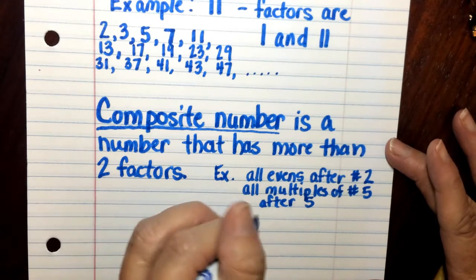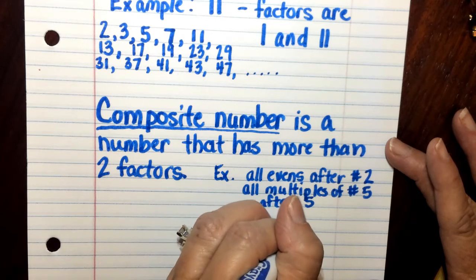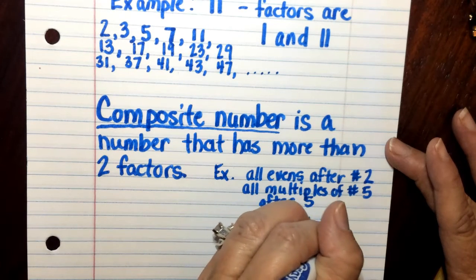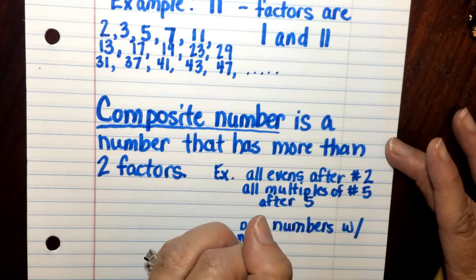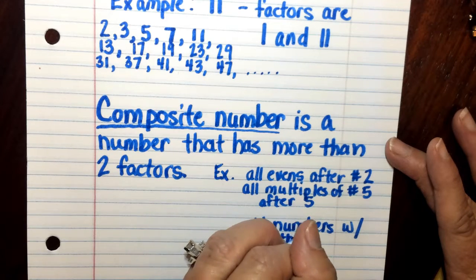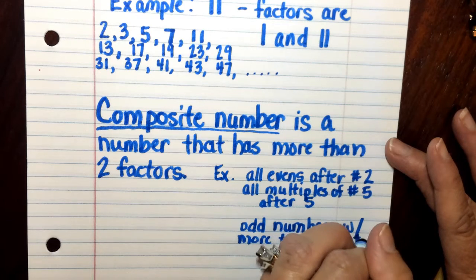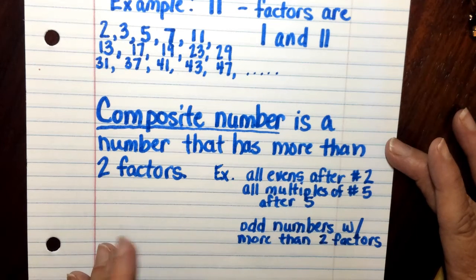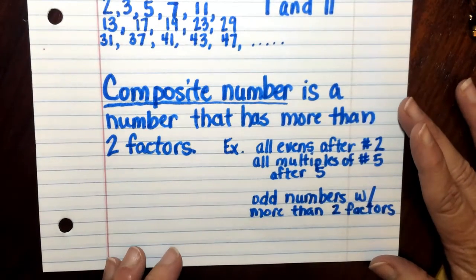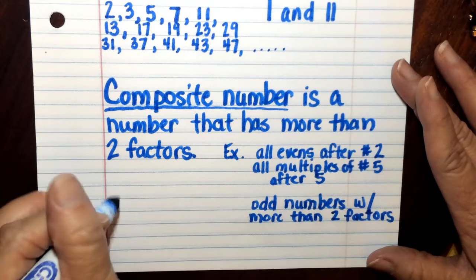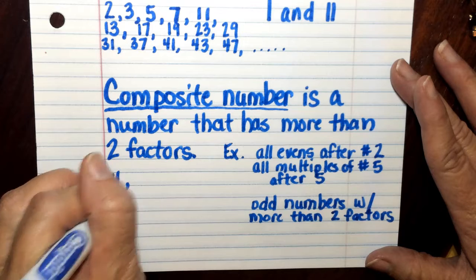So odd numbers with more than 2 factors. So that's basically most of our numbers. Most of our numbers are going to be considered composite numbers. So if you wanted to write a quick reference down, that might be the number 4.